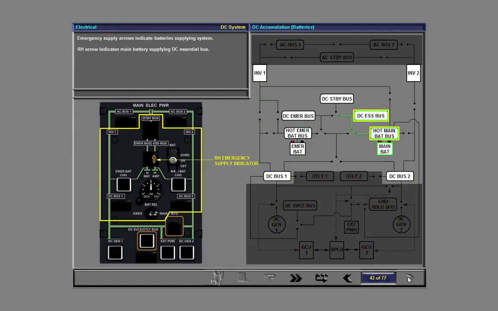The emergency supply arrows illuminate to indicate that the batteries are supplying the system. The right-hand arrow indicates that the main battery is supplying the DC essential bus, and the left-hand arrow indicates that the emergency battery is supplying the DC emergency bus.